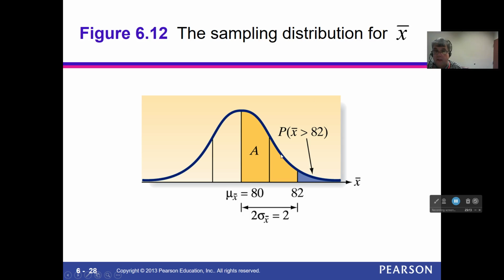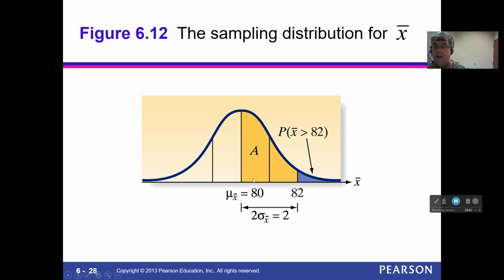These are sample means of a certain size. And in this case, 1 is the standard deviation of the sample mean. So we've got 1, 2 standard deviations to the right of the mean. And anything past that, we're going to say, no, that's too extreme.